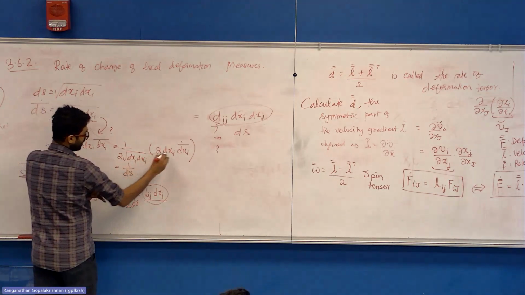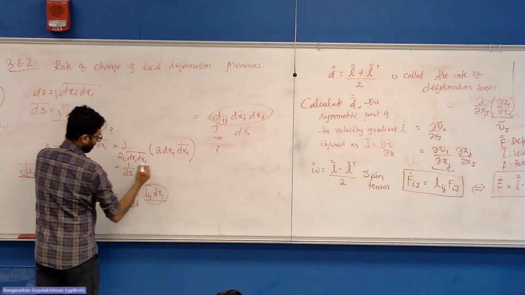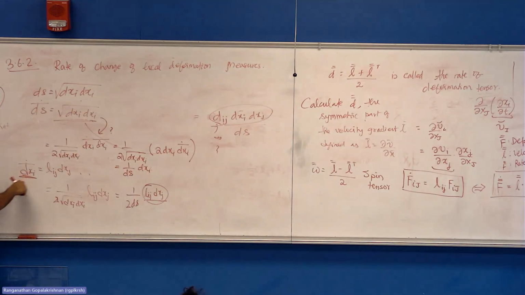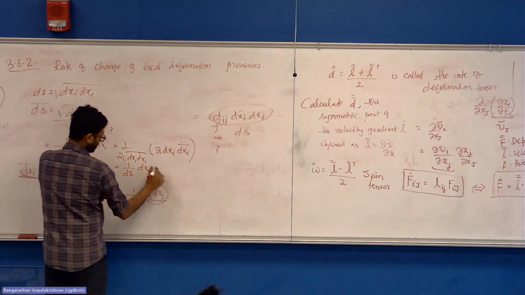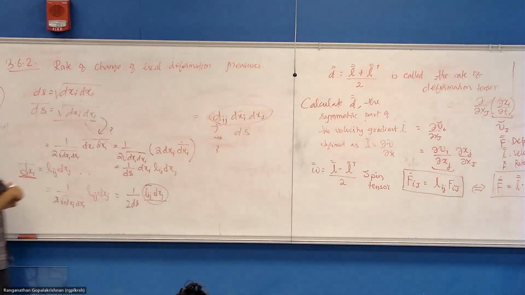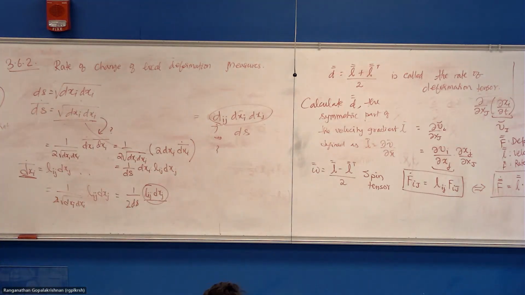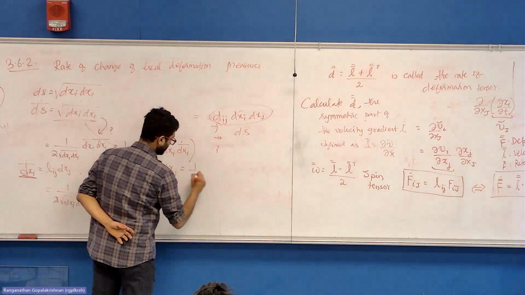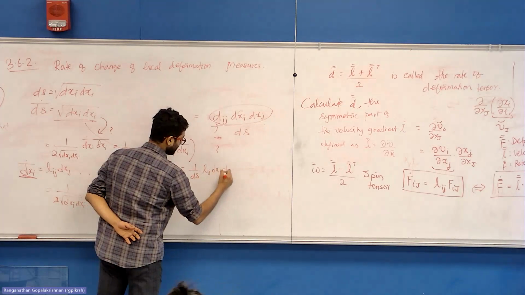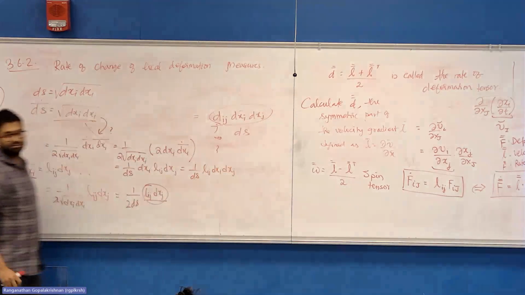Multiplied by dxi, and then I have dxi dot, which I'll write as Lij dxj, which I can rewrite as 1 over ds Lij dxi dxj.